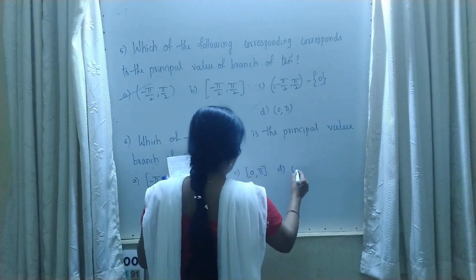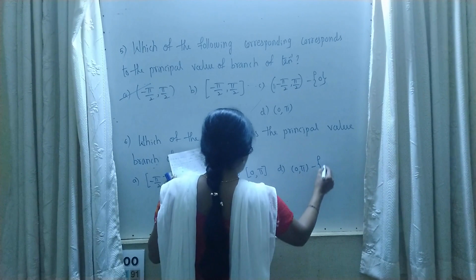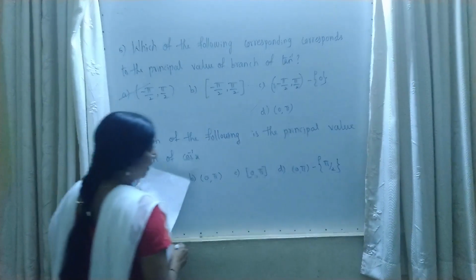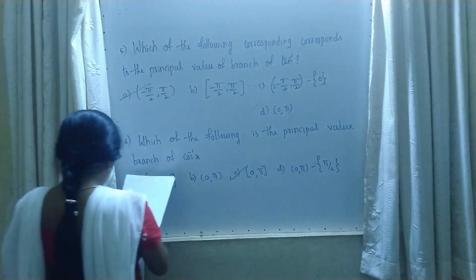This is also directly related with the theory, whatever you have studied in the theory. So students, can you tell me the answer? The answer is C, that is 0, pi.